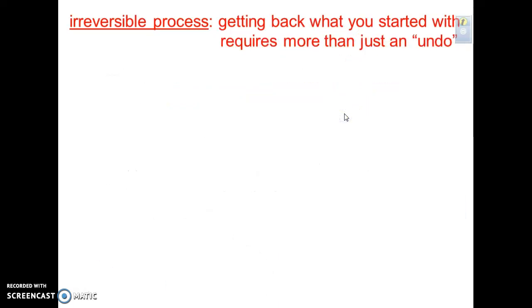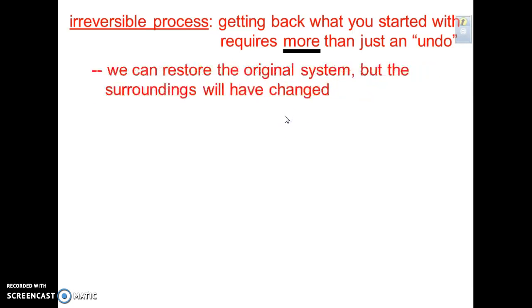So, an irreversible process is one where getting back to what you started with requires more than just an undo. And that's, sadly, if you restore it to the original system, then the surroundings have to change. Okay?